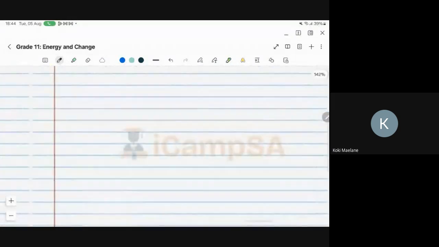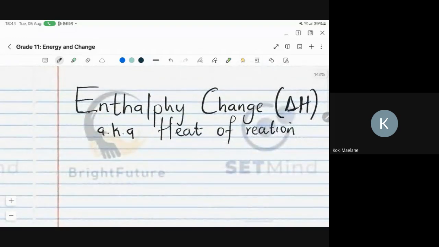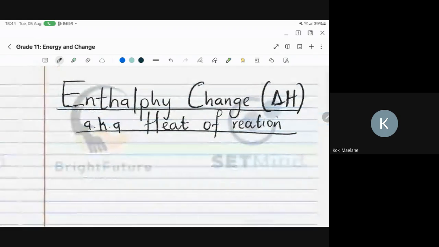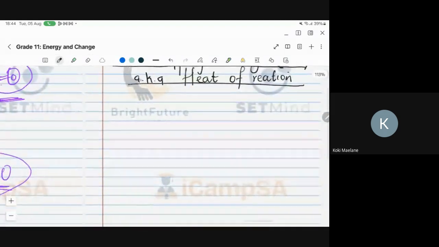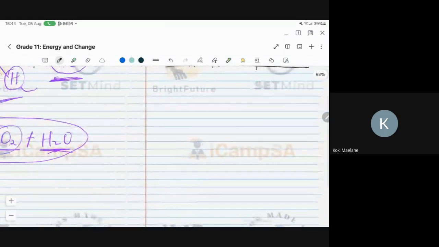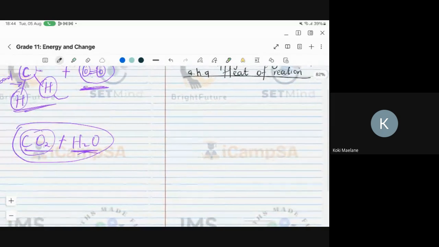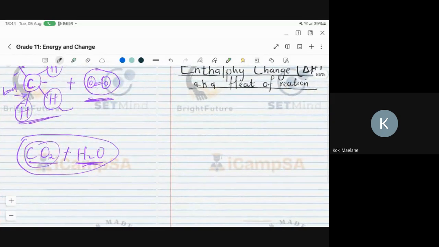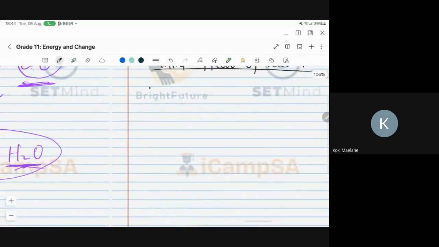That's what enthalpy change is, right? Enthalpy change or heat of a reaction. So we usually get a graph that looks like this to represent our reaction.